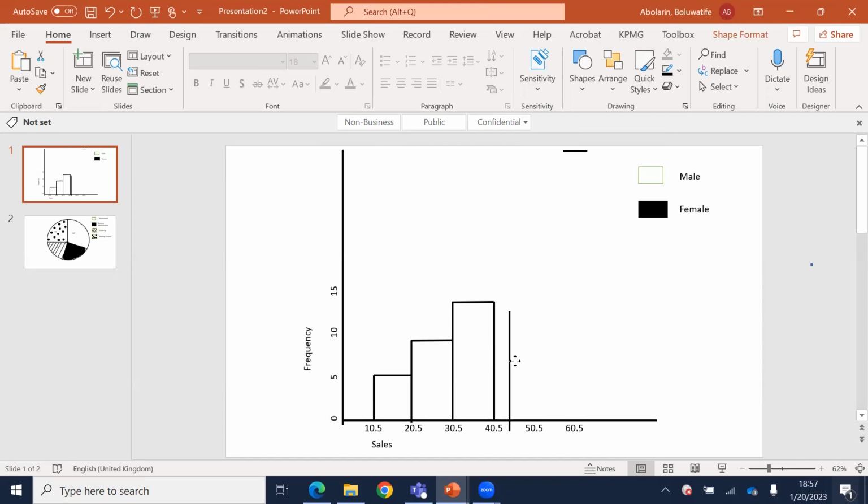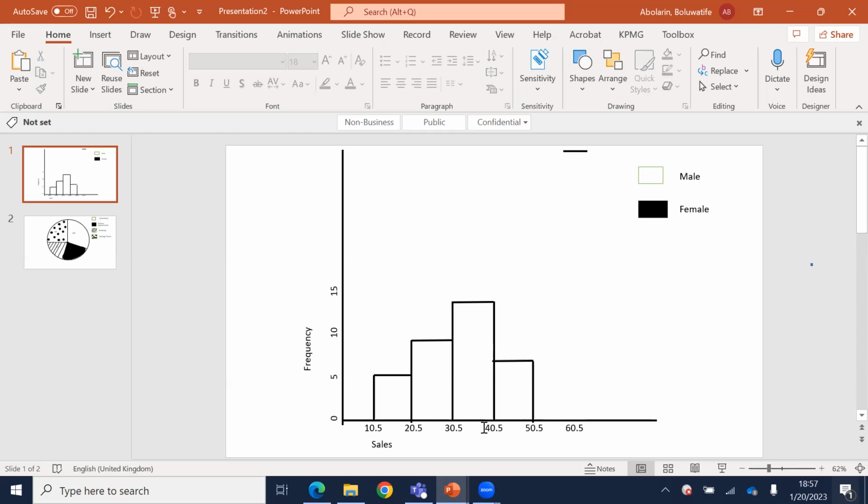Now I'm going to place it in the middle. If this is 5, this should be 6, this should be 7. A little bit lower, 7. And you will cover it.